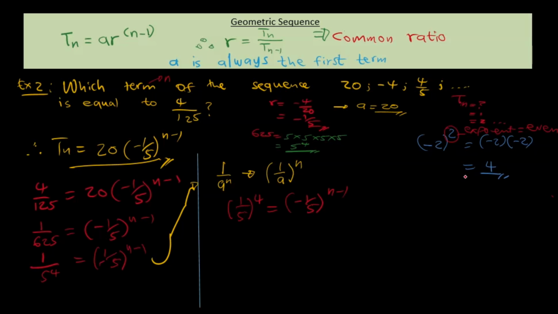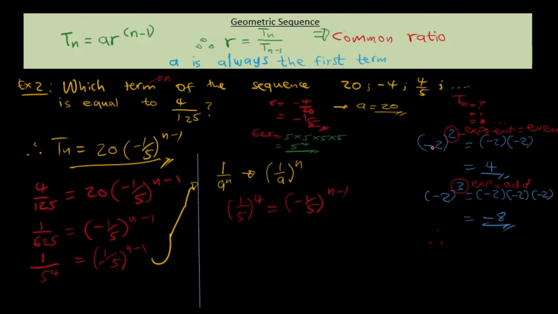Let's use the same example and change the exponent to be an odd number. If I have (−2) raised to the power 3, that will give me minus 8. What we know here as well is that the exponent is an odd number, so that is why you have a negative 8 there.